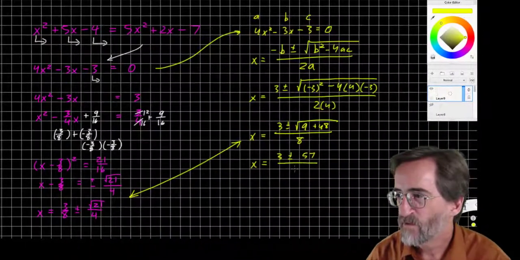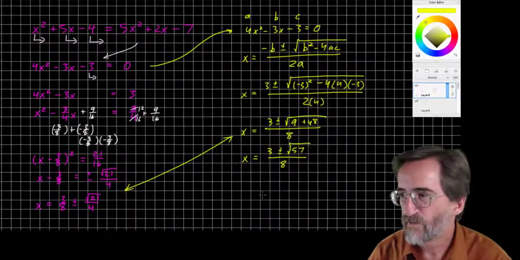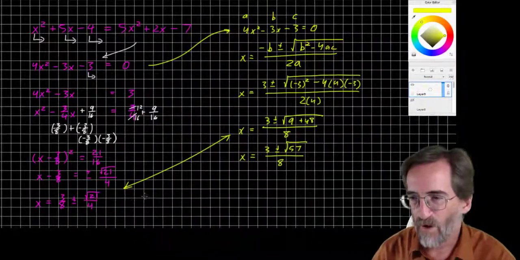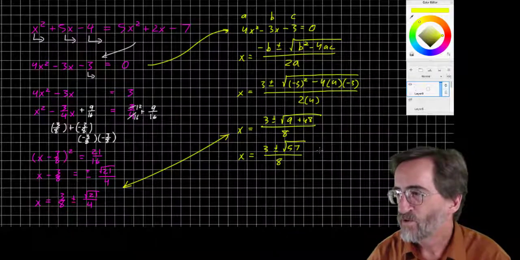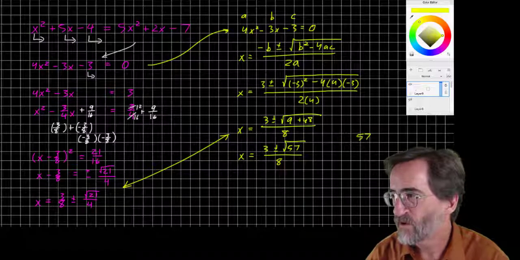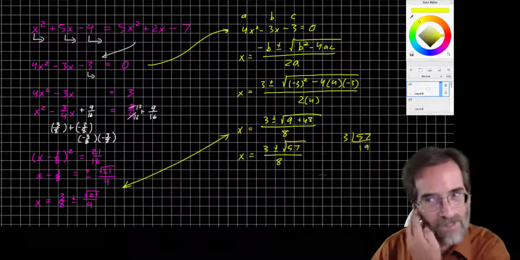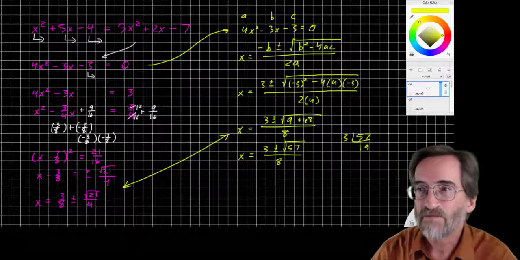Okay, divide by 8. Square root 57. The reason I'm wondering is I'm not sure I'm getting the same answer. Let's see, square root 57. 57 goes by 3, 3 times 19. Yeah, I'm not getting the same answer. So that tells me I may have made a mistake somewhere here.